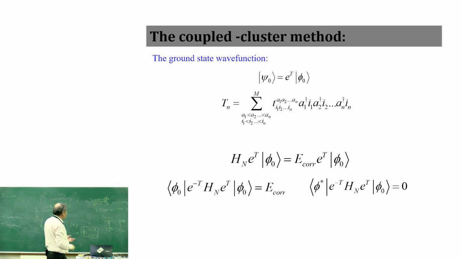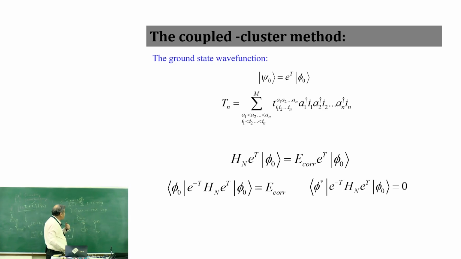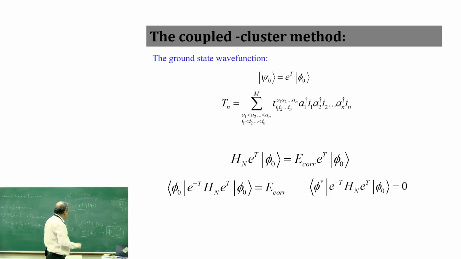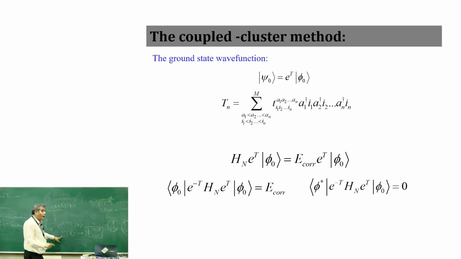And this excitation, what is the probability of this excitation? Probability of this happening and this happening. So it should be the product of this amplitude times this amplitude, because it's a simultaneous excitation. And if you look at it now, T2 square is exactly doing that.